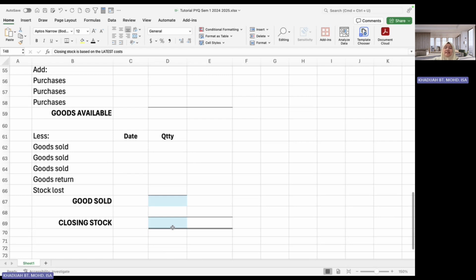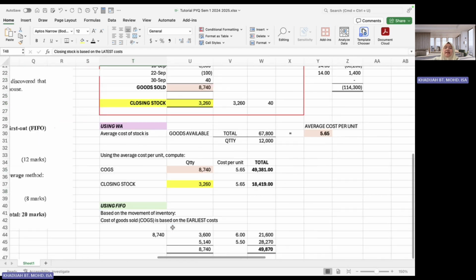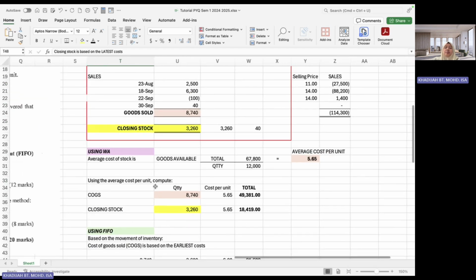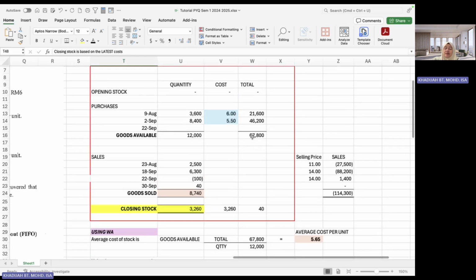So you determine the quantity first. Once you have that amount, only then will you plug in the information regarding the cost, how to decide on the cost. If it's an average cost, then you have to find the average cost per unit based on your goods available.